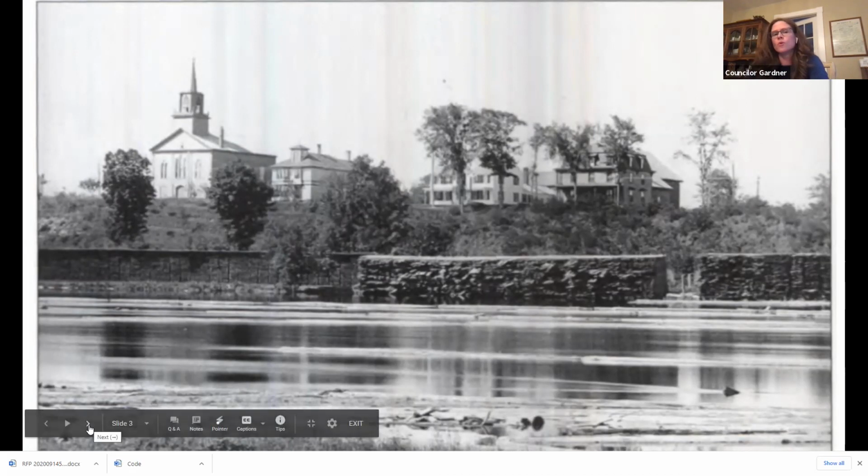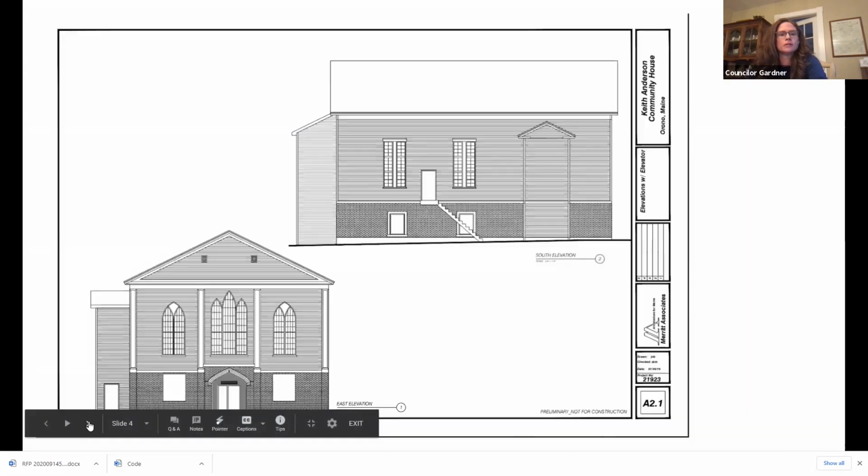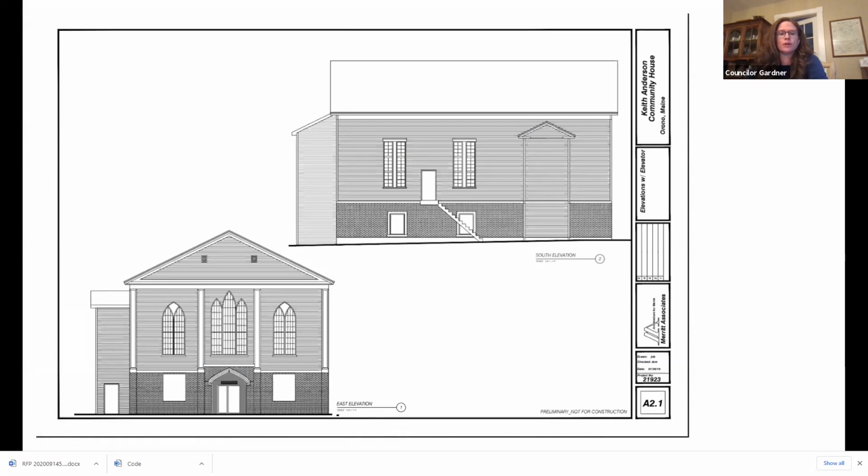Around the time of the Civil War, thanks to an act from the Maine state legislature, I don't know why exactly they had to give permission for this, but the folks were able to raise the building up. Can you advance the slide again? So you'll see this bottom section where the current entrance is, and what we see as the brick part of the building when we look at it.